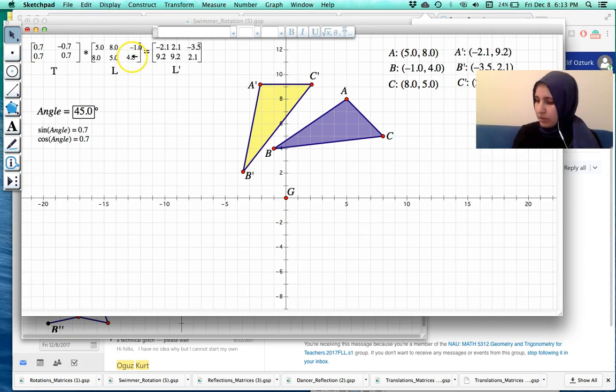This is my point C, and it goes to minus 3, 5, and the point B. Yes, it goes after rotation by 45 degrees. It goes to point A', which is minus 3, 5.